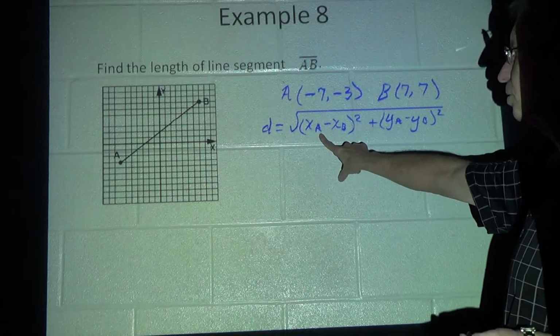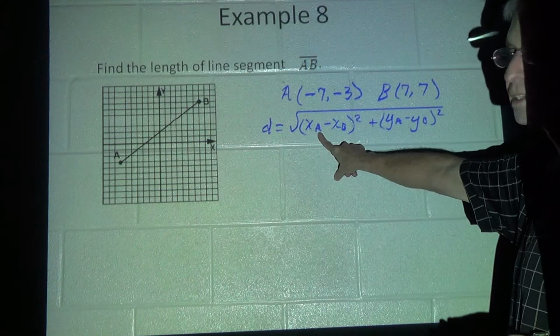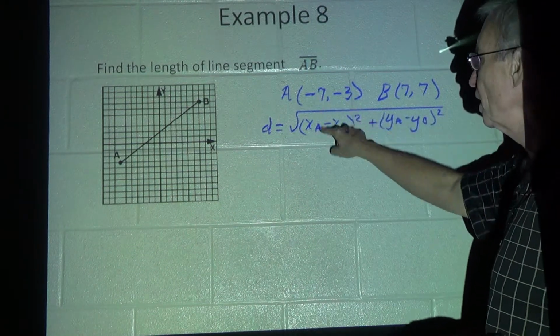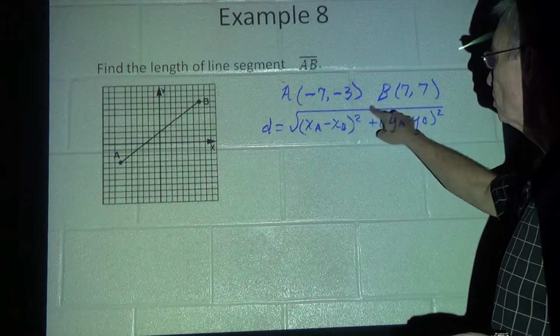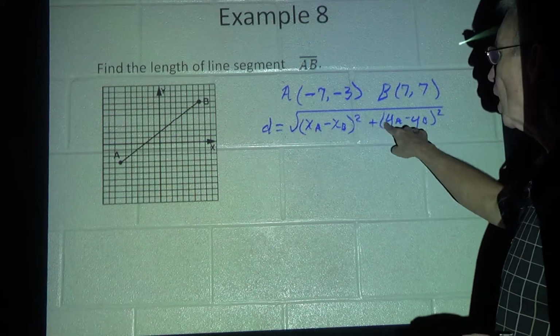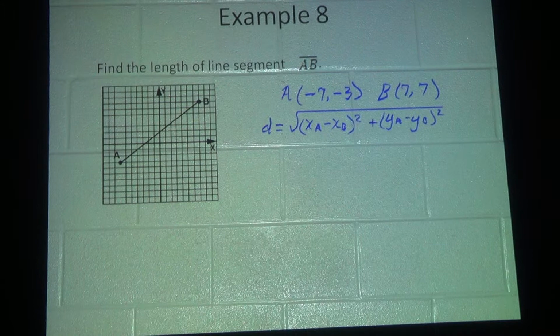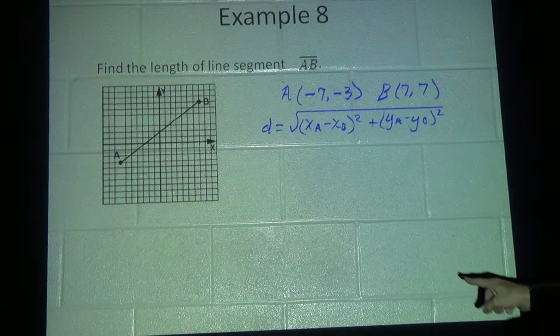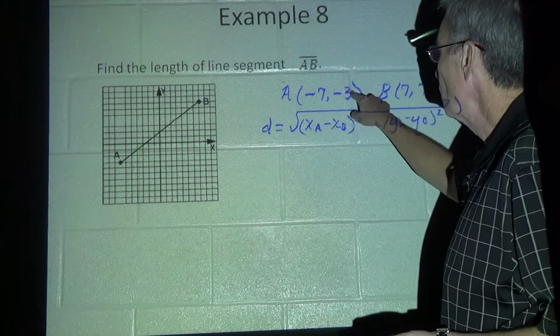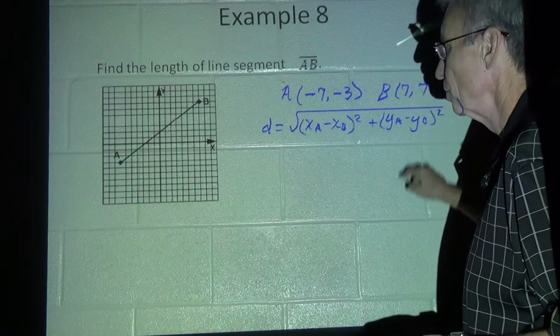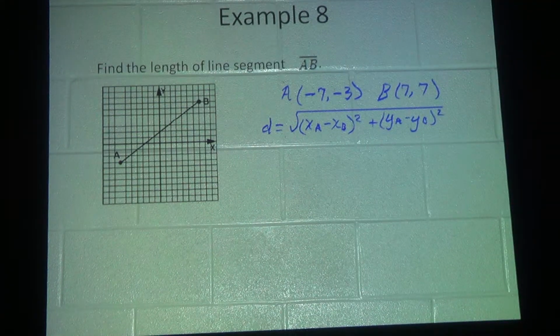This time we just changed it a little bit. Instead of saying x2, this is saying the x from A minus the x from B plus the y from A minus the y from B. Okay, this works just as well, or you can write above this x1, y1, x2, y2 if you prefer to do it that way.